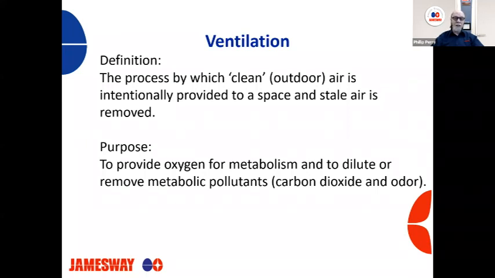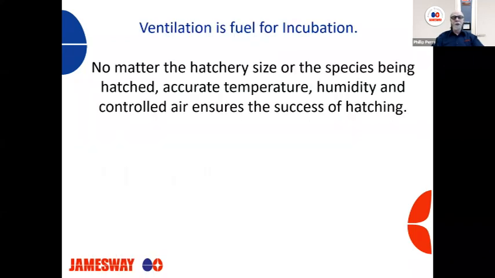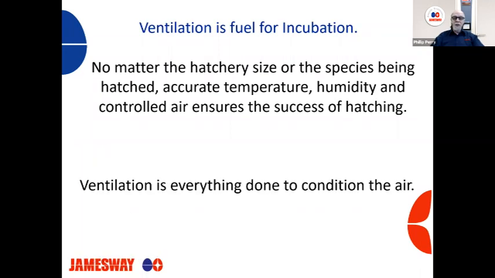The main things in a hatchery are carbon dioxide and odor. So ventilation is fuel for incubation. No matter the hatchery size or the species being hatched, accurate temperature, humidity, and controlled air ensures the success of hatching. Ventilation is everything done to condition the air. So we're going to take a look at ventilation and how it affects the operation of our incubators and hatcheries.